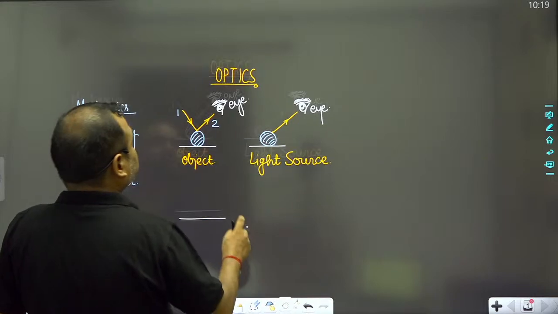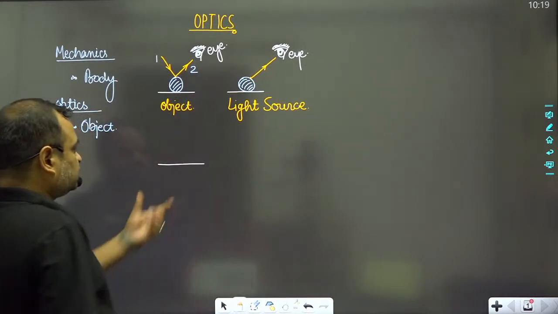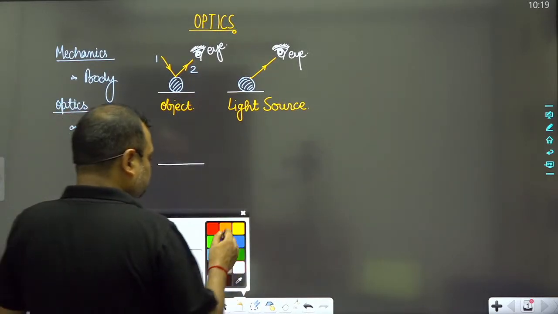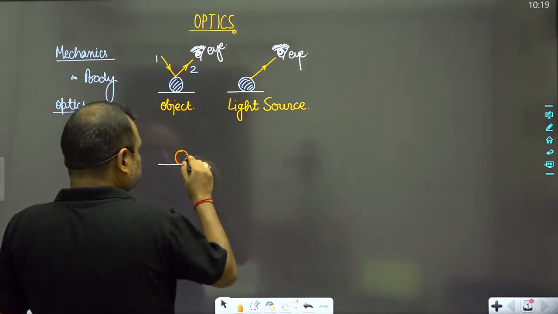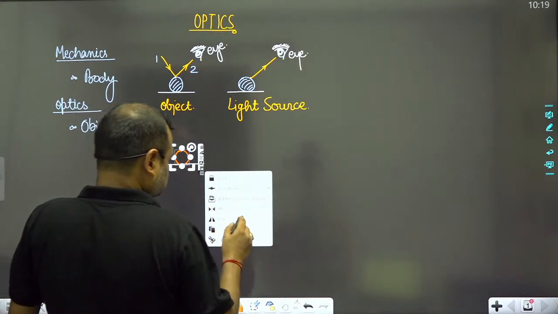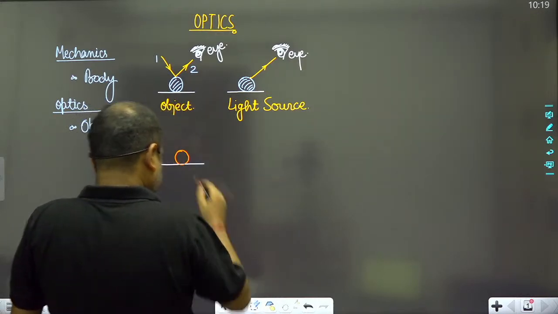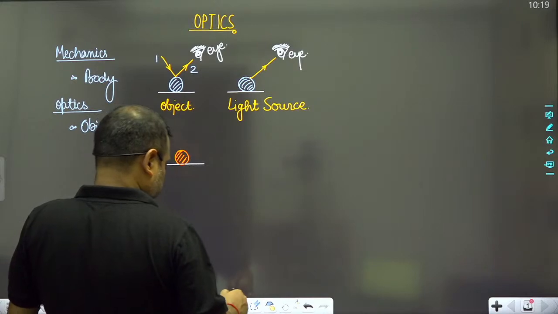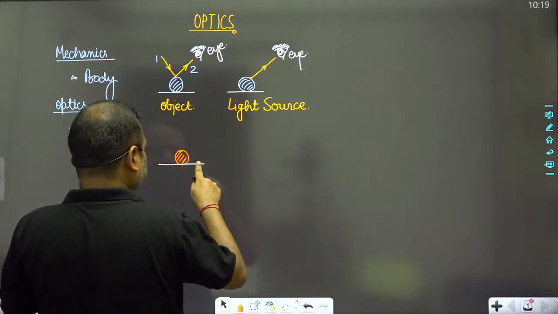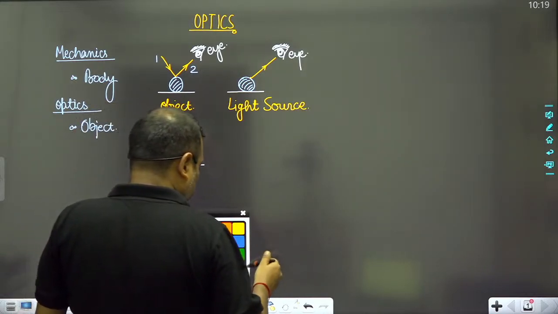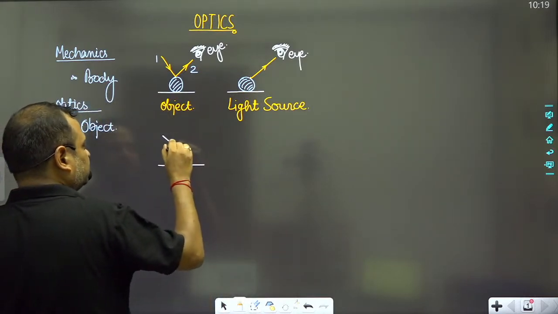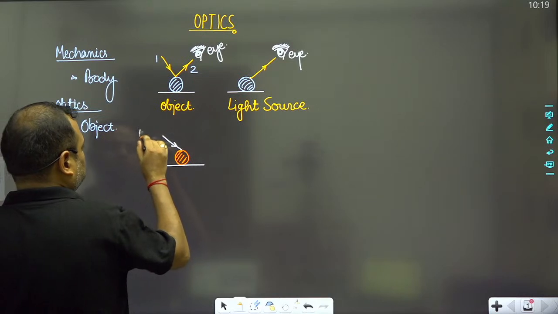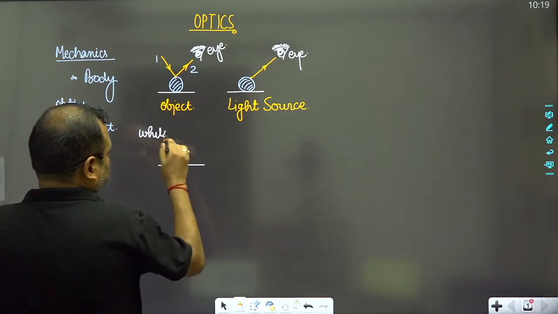Suppose that this is the surface, and we are seeing that this is an orange object. Now there is a white light ray which is incident on the orange object.